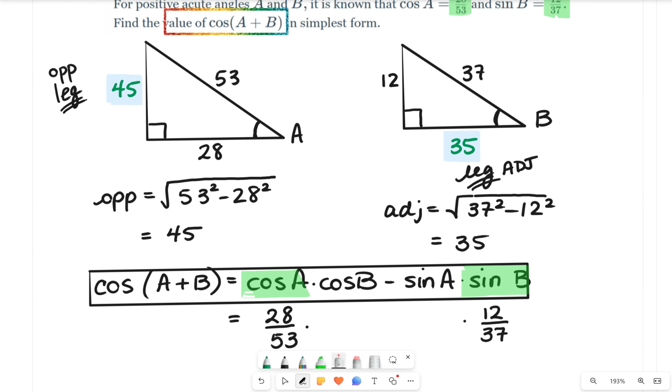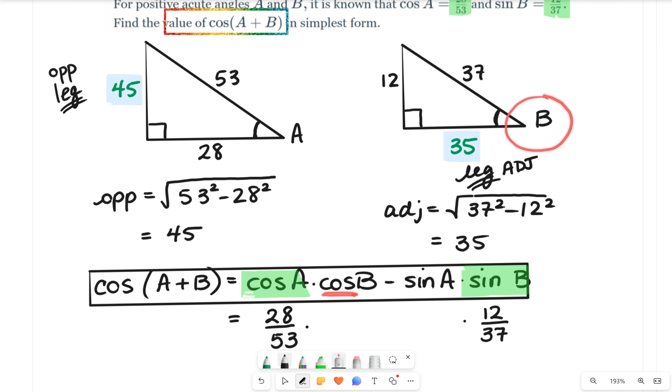So cosine of B, that means I need to stand right over here. Cosine means that I need to evaluate A over H, adjacent over hypotenuse. If I'm standing right here, my adjacent is the side length that forms the angle that I'm standing at. So this is my ADJ.